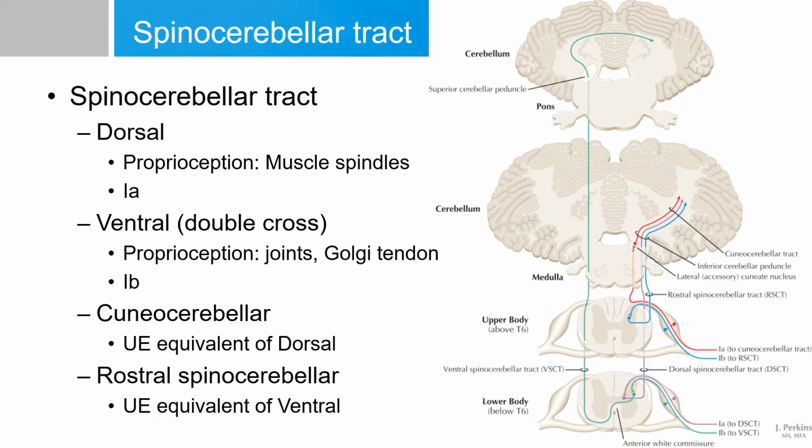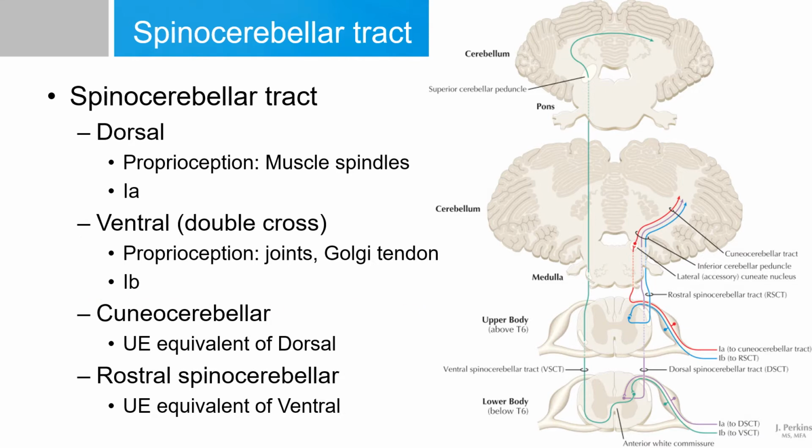The dorsal spinocerebellar tract conveys proprioceptive information from muscle spindles, carried by 1A fibers. And the ventral spinocerebellar tracts convey proprioceptive information from the joints and Golgi tendons, carried by 1B fibers. And this is the basis of the spinal reflex curve.